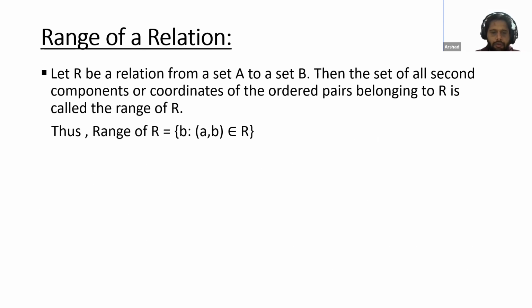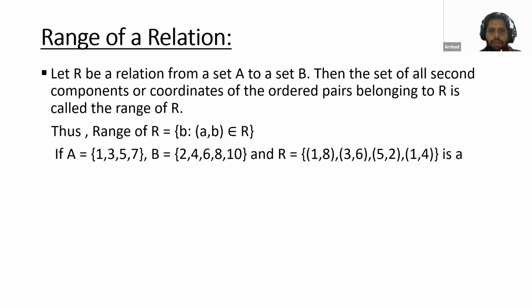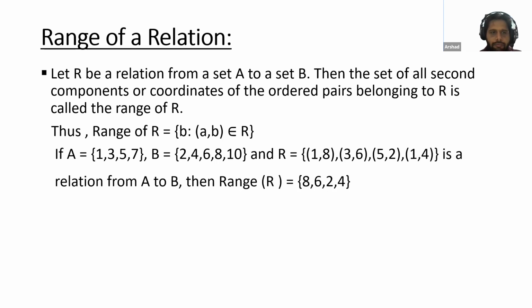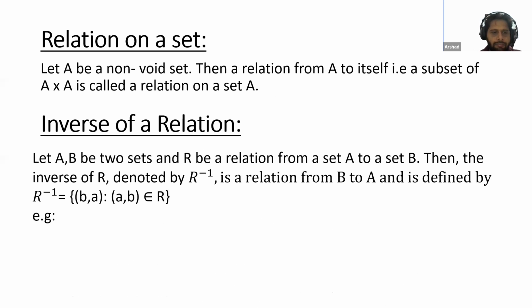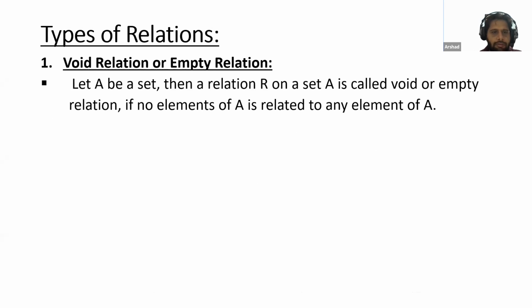Okay, Fahad. So, in our backup classes, we have checked what a relation is and what the types of relation are. We were doing this. Just give me a minute.